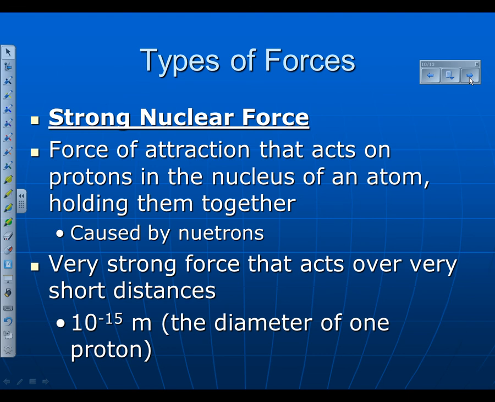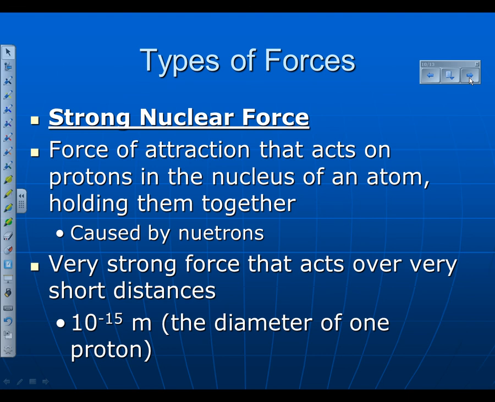Once you get outside of the nucleus, you don't feel the effect of the strong nuclear force. I can't use the strong nuclear force to help pick up this remote control. It doesn't work that way. You basically don't see the effect of the strong nuclear force in your everyday life, except for the fact that the atoms that make up your body don't spontaneously decay, which would be bad for you.